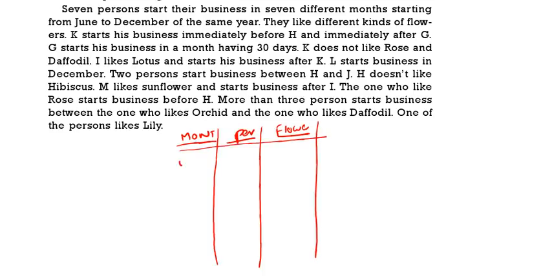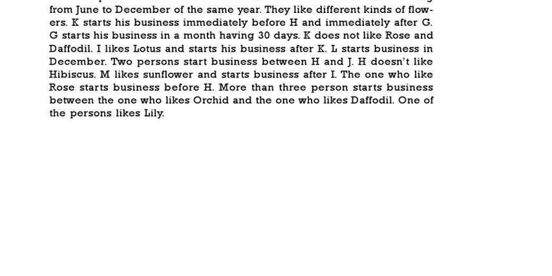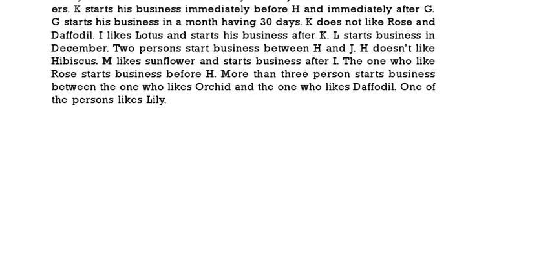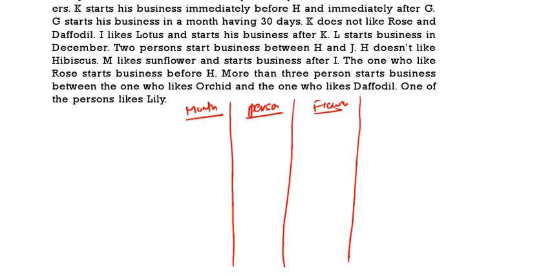The 7 months are June, then July, August, September.